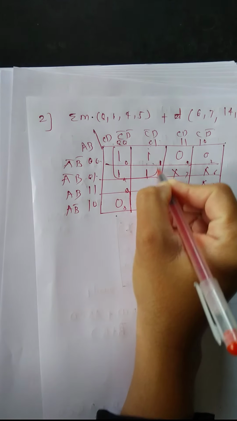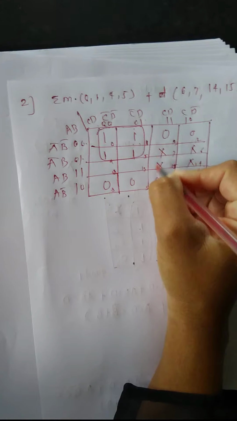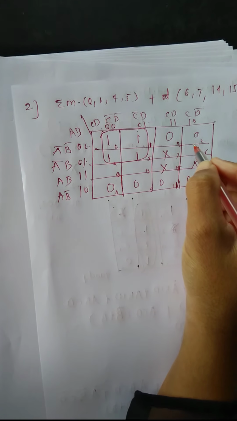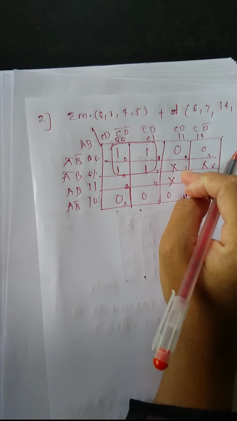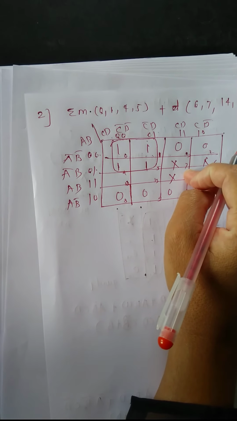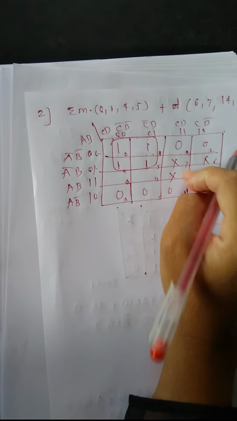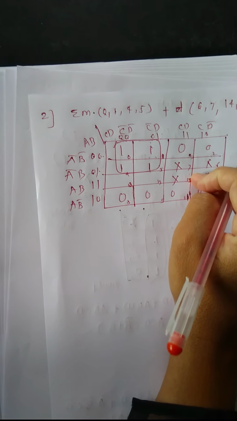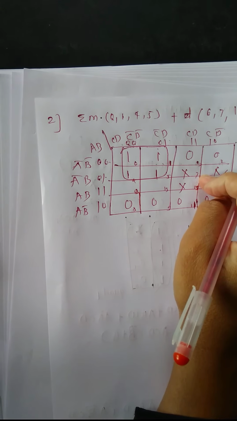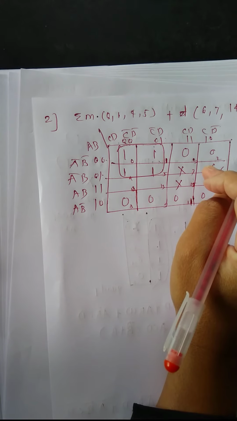And this one quad is representing, but as per need of simplification you have to consider the don't care as a logic 1 or logic 0. For this, all don't cares, here we consider as a logic 0.